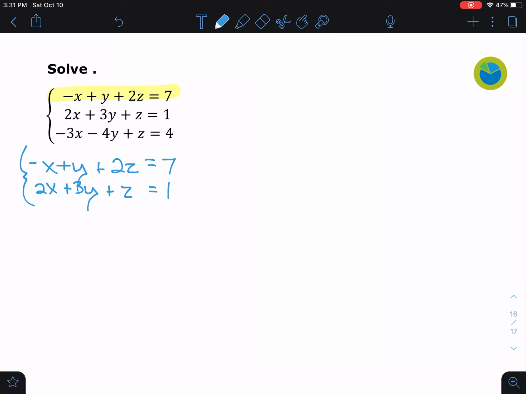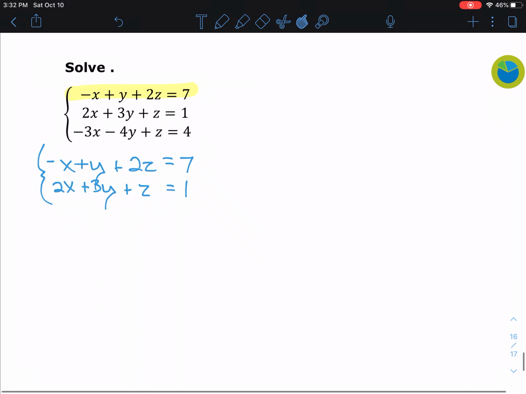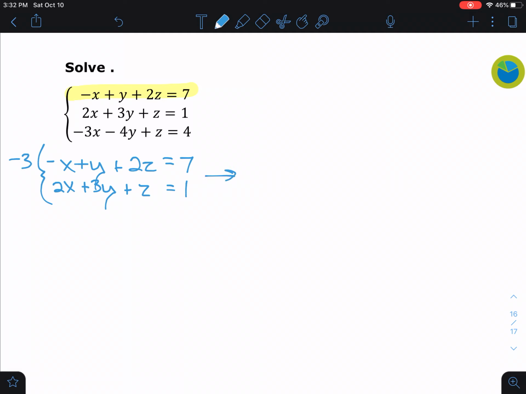So in this particular case, I'm going to get rid of y, so I want to multiply this top one by -3. Okay, so that would give me 3x minus 3y minus 6z equals -21.